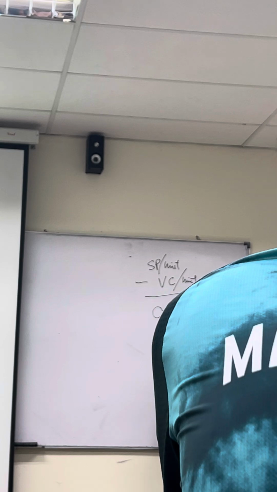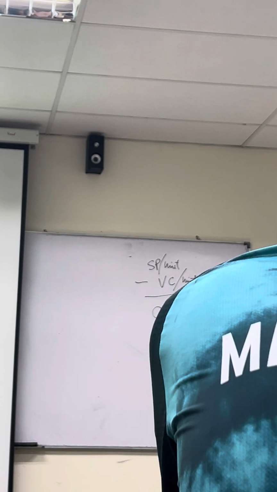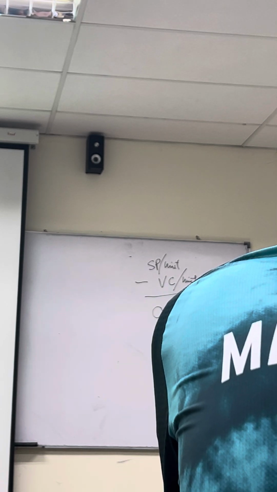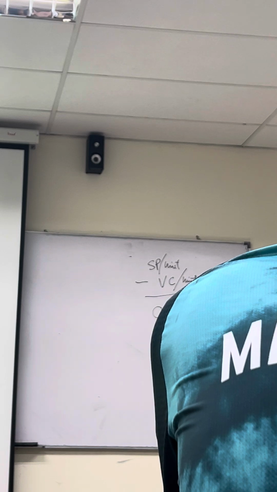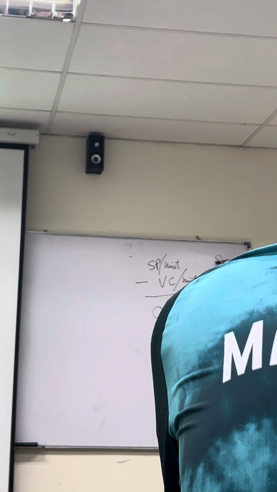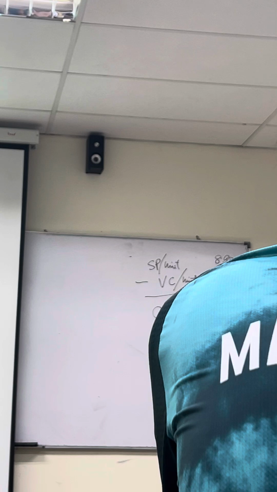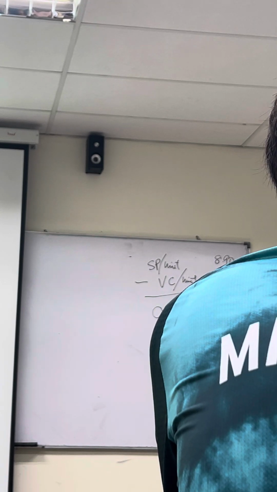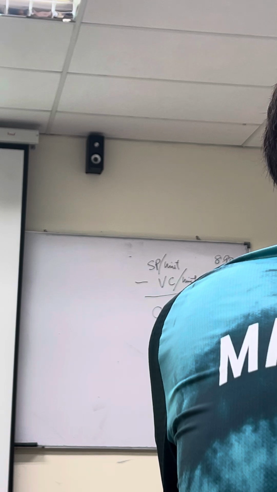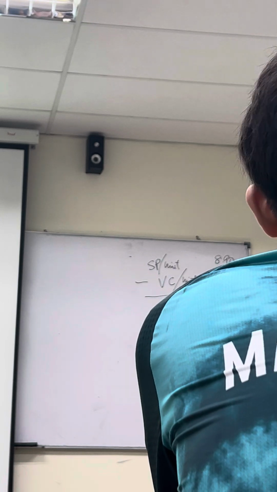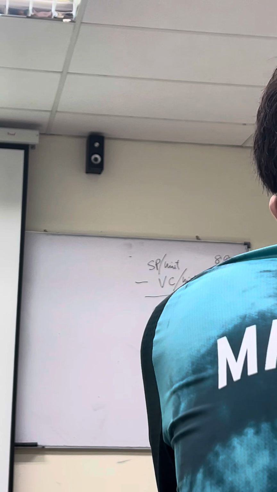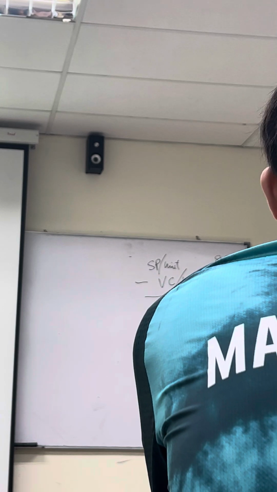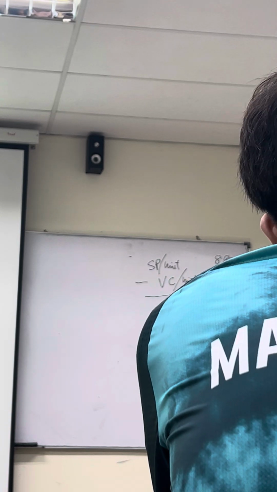Got it? So what is the selling price per unit? 8.9. Variable cost per unit 2.44. So it is equal to 6.46. Got it?